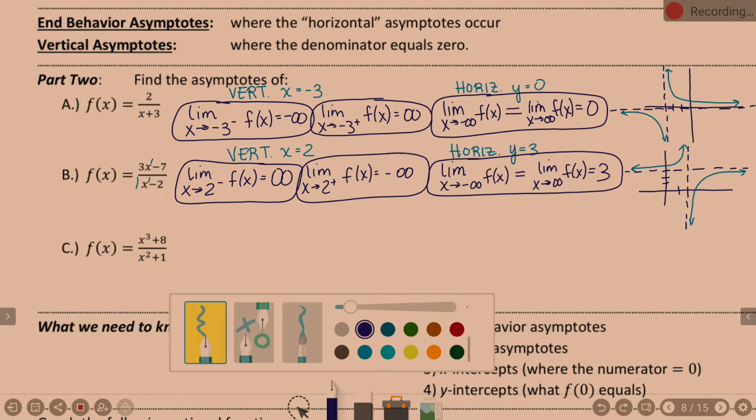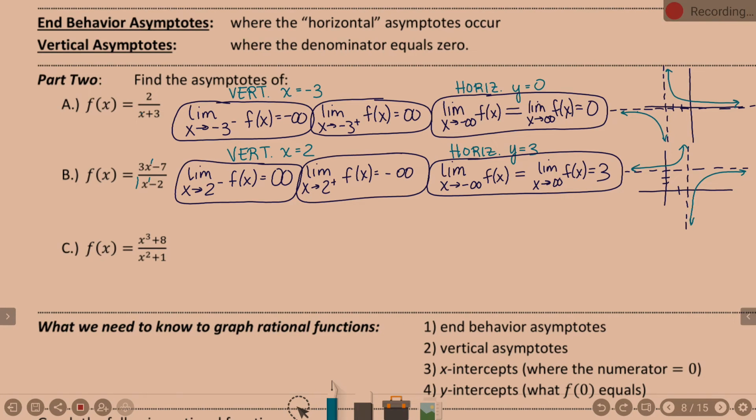Thoughts on asymptotes? Square root of what? Technically, if you set the denominator equal to 0, like x squared plus 1 equals 0, x squared equals negative 1.